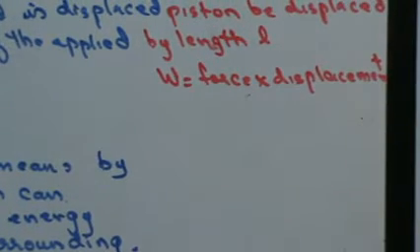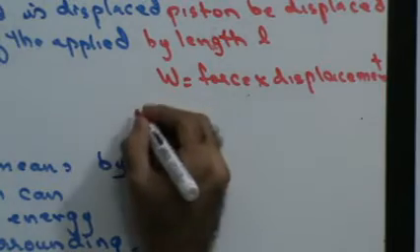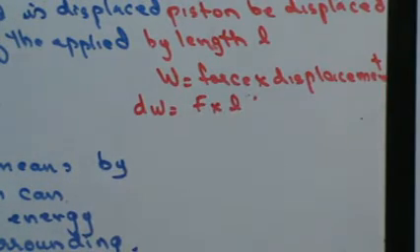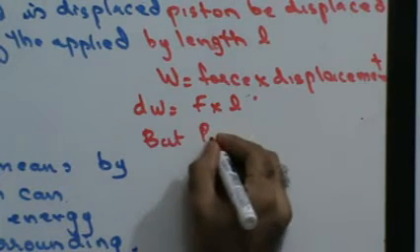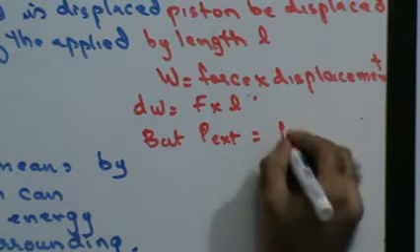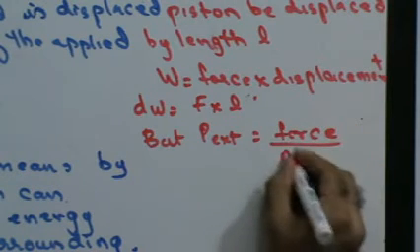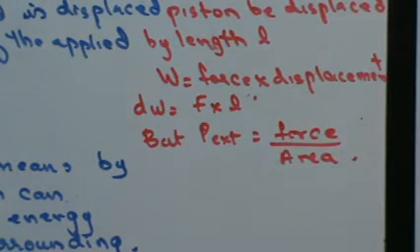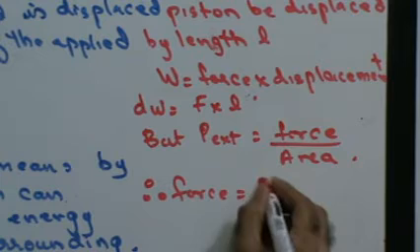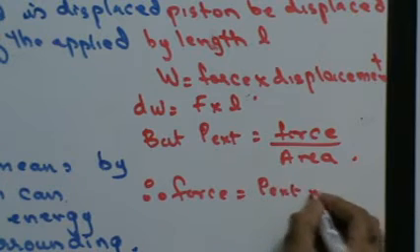Right? So the small amount of work done in moving the piston, dW, is equal to force into small length L, right? But we know that pressure is defined as force per unit area. Therefore, force is pressure into area.